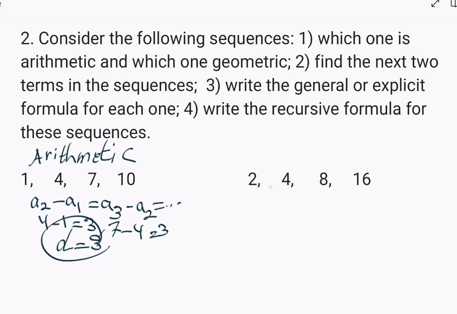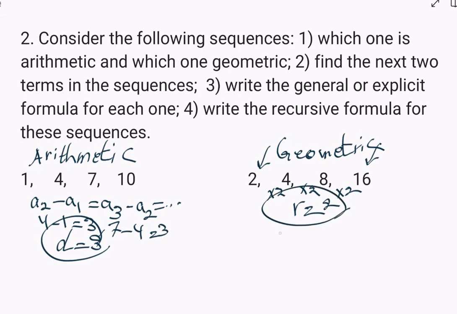We have a sub 1 is 2, a sub 2 is 4, and a sub 4 is 16. Do we see any pattern? 2 times 2 is 4. 4 times 2 is 8. 8 times 2 is 16. So it's based on multiplication. We know it's geometric, and r equals 2.